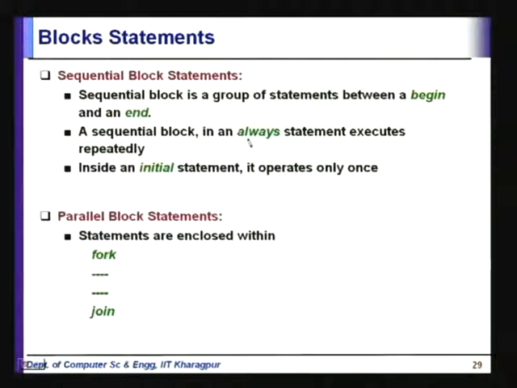You can have always @ something, you can even have always begin something end. That means it is repeatedly going to be executed. If you have always @ something, then it is going to get executed every time that condition matches. Inside an initial statement, it operates only once and at the beginning of the simulation.